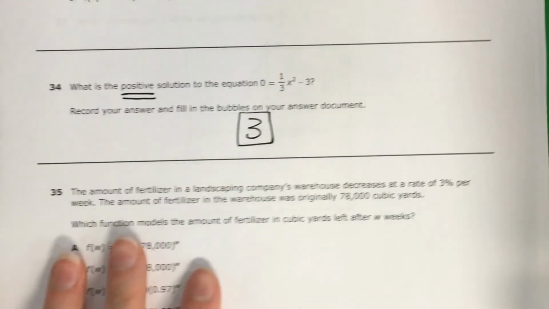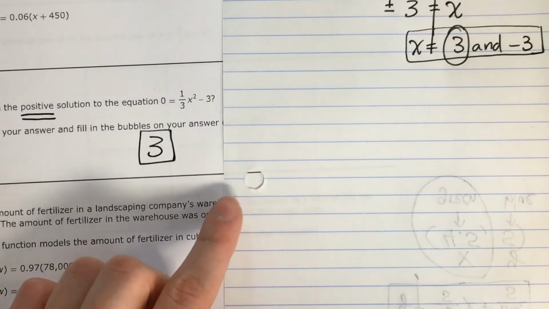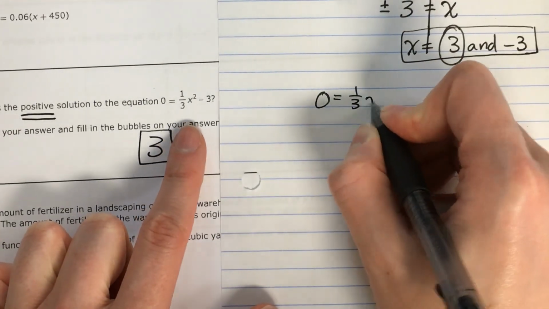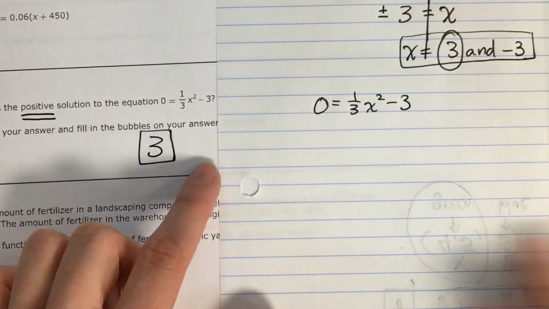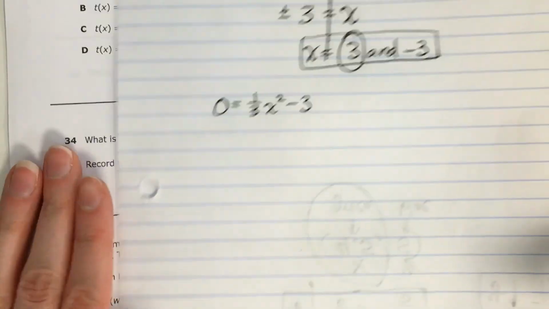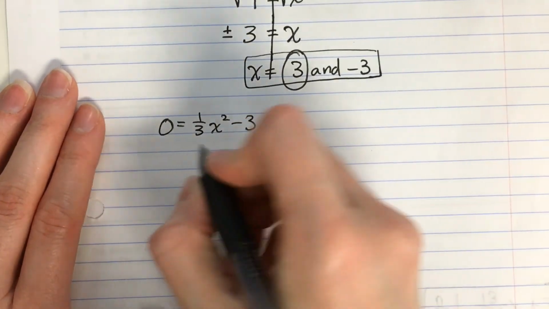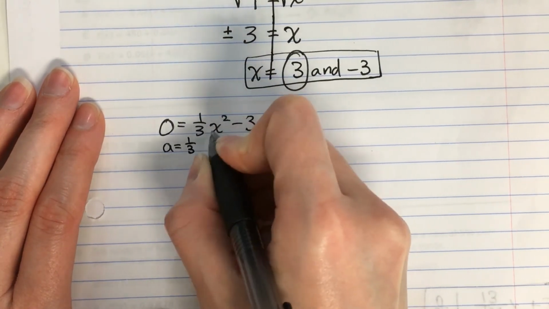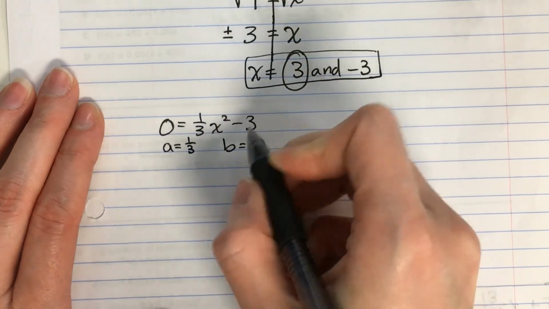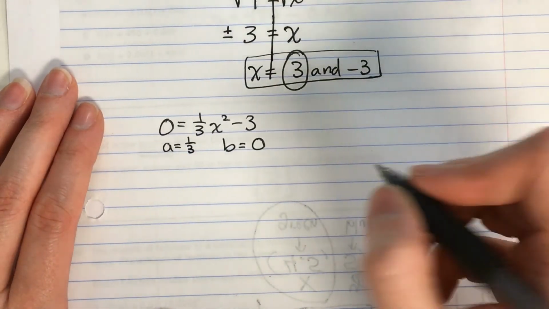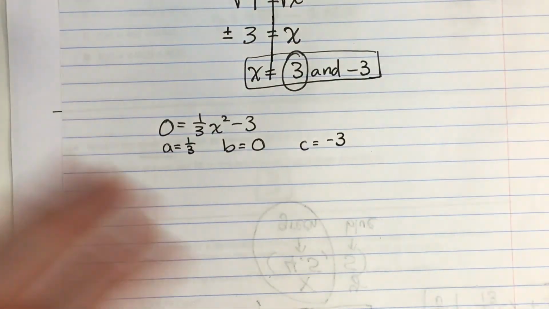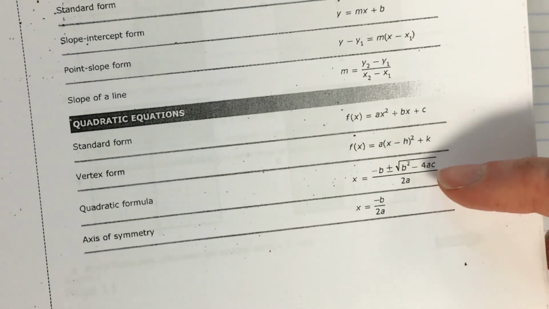Another way to solve it, if it helps you, is you have 0 equals, let me go ahead and write it, 0 equals 1/3 x squared minus 3. Let's do our ABC. We're going to use our formula. So A equals 1/3 because it has x squared. B is 0 because there is no x. C is negative 3. We're going to use our quadratic formula. And remember, they give you this paper, and the quadratic formula is right here on the bottom.